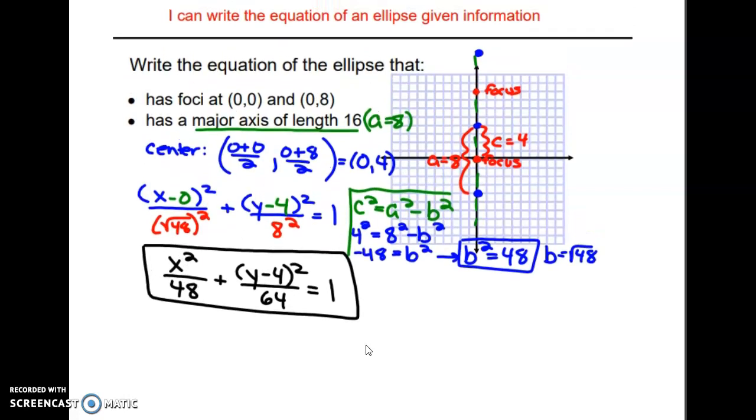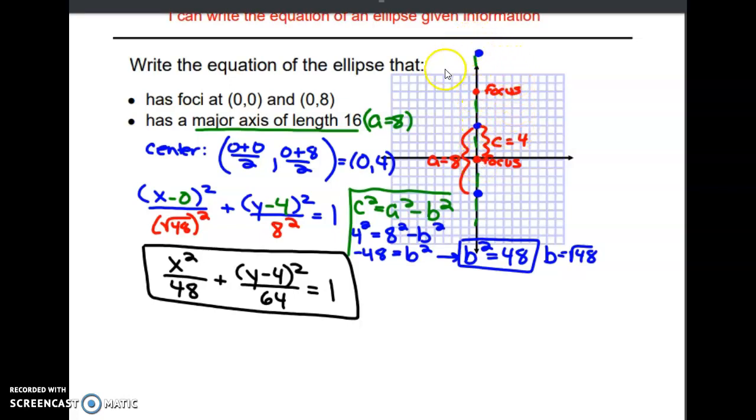Another problem here, the equation of an ellipse. So now they give me the foci. See, 0, 0 and 0, 8. They give me the foci. That tells me this thing has a vertical orientation to it.